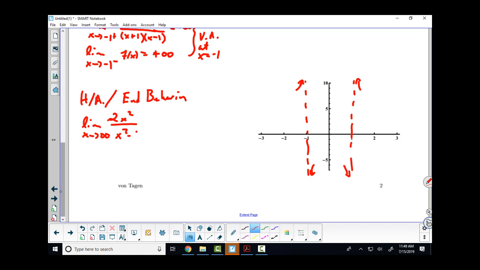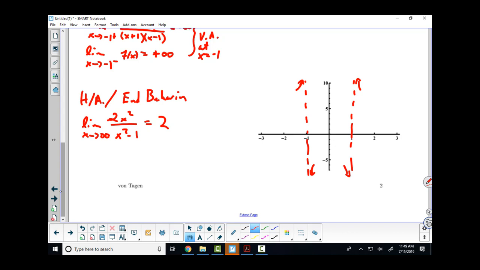And what is that limit, Darcy? What's that limit going to be? Yeah. You're welcome to use your college algebra skills to say the degree of the numerator is the same as the degree of the denominator, so you can look at the ratio of the leading coefficients.